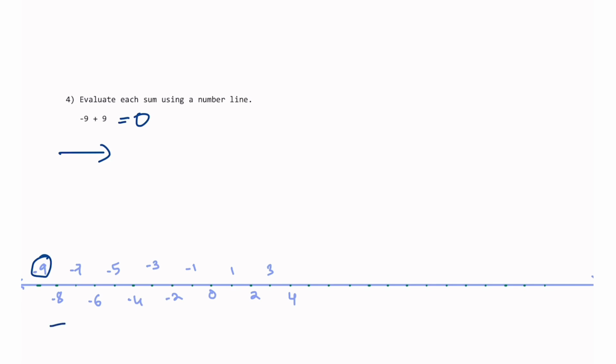So that's 1, 2, 3, 4, 5, 6, 7, 8, and 9. So that's where you are, 0, right, as we guessed before. Because it's positive, we went 9 steps towards the right side. So minus 9 plus 9 is 0.